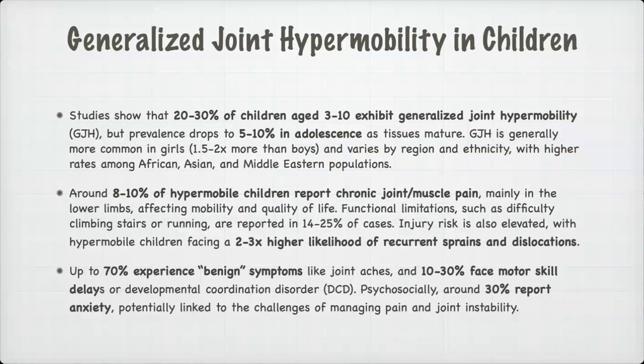Up to 70% report benign symptoms like joint aches, and 10 to 30% face motor skill delays or developmental coordination disorders. Psychosocially, around 30% report anxiety, potentially linked to challenges of managing pain and joint instability.